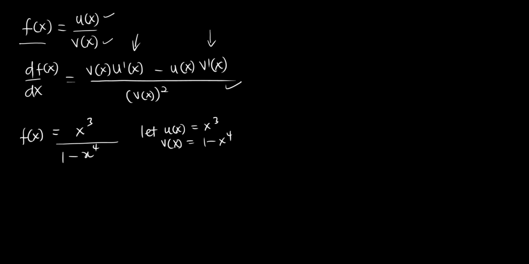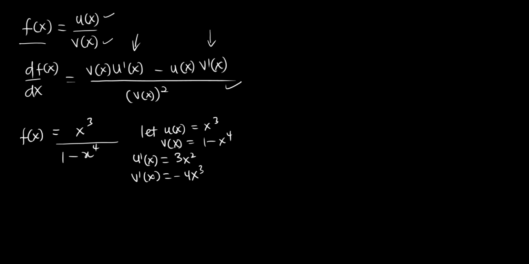Now we will need the derivative of these two functions. We will need u prime of x, which will be equal to 3x squared, and v prime of x, which will be equal to minus 4x cubed, because the derivative of 1 is 0.